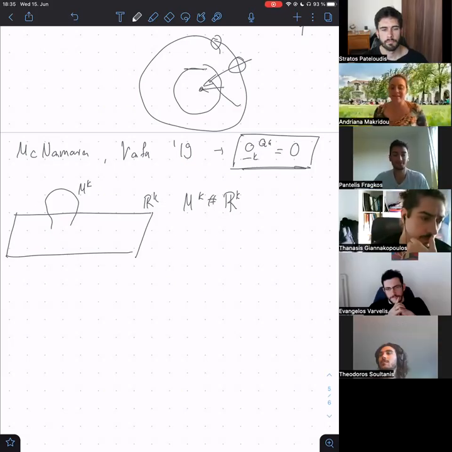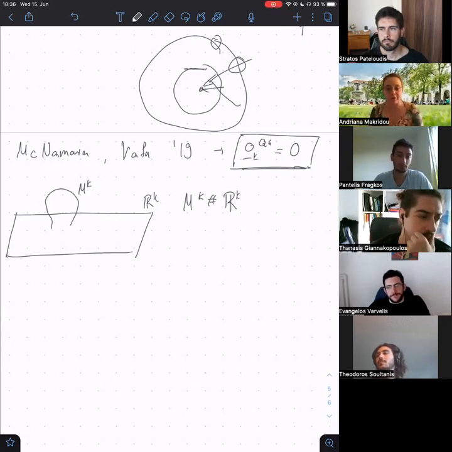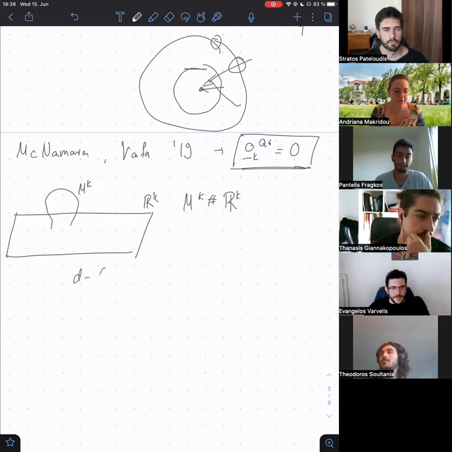Okay, so the idea is that you compactify your theory on this k-dimensional manifold, and then if you want the class to be 0, you need to have this k plus 1 dimensional manifold that is closing off your spacetime and it has boundaries and it's nice and round, let's say. So from the point of view of the full theory, you have a d minus k plus 1 defect.